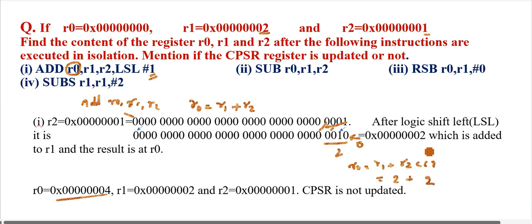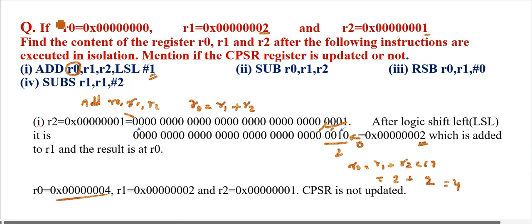R2 left shift by 1 becomes double the value of R2. So this 0 0 1 becomes 1 0, which means 2. Now we add R1 and R2 left shift by 1, and the answer should be stored in the destination R0. So 2 plus 2 is 4. That 4 is updated here.